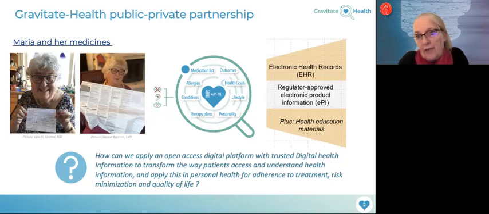For Gravitate Health, where we are working with the concept of the GLANS, we are looking at this regulator-approved medication or product information.